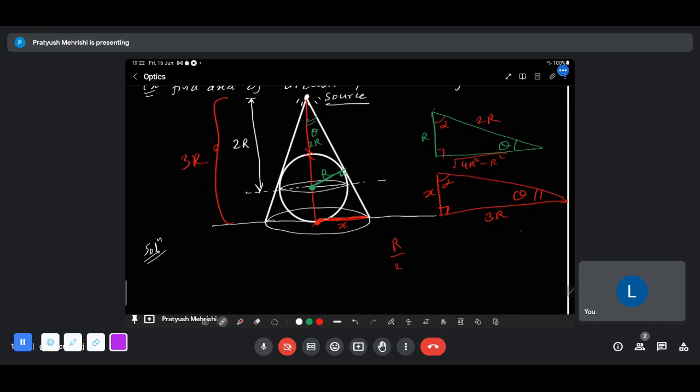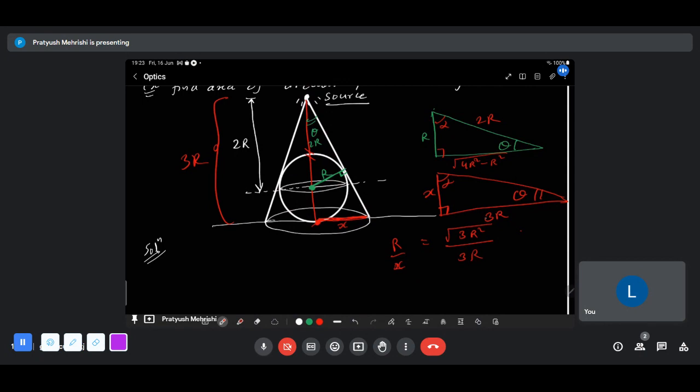the property of similar triangles. Since both the triangles are similar, therefore r upon x will be equal to under root 4r square minus r square, which is 3r square, upon 3r.